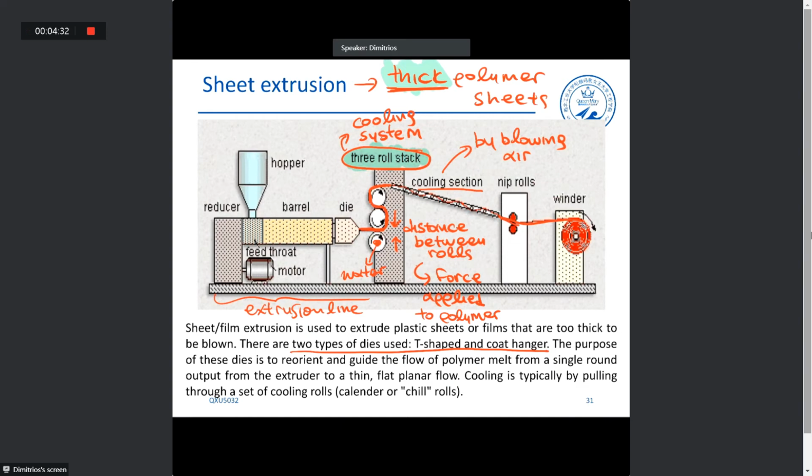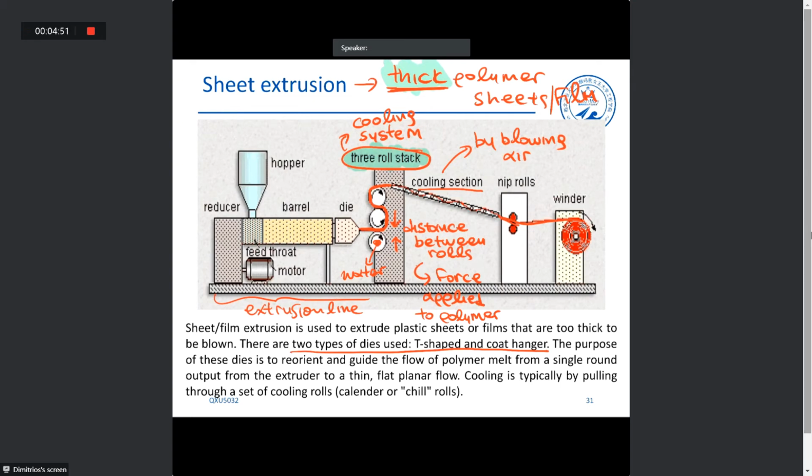We can call them films as well, okay? And by controlling the force between the rolls, that is the distance between the rolls, we control the thickness. As you can realize though, we cannot make them very thin.